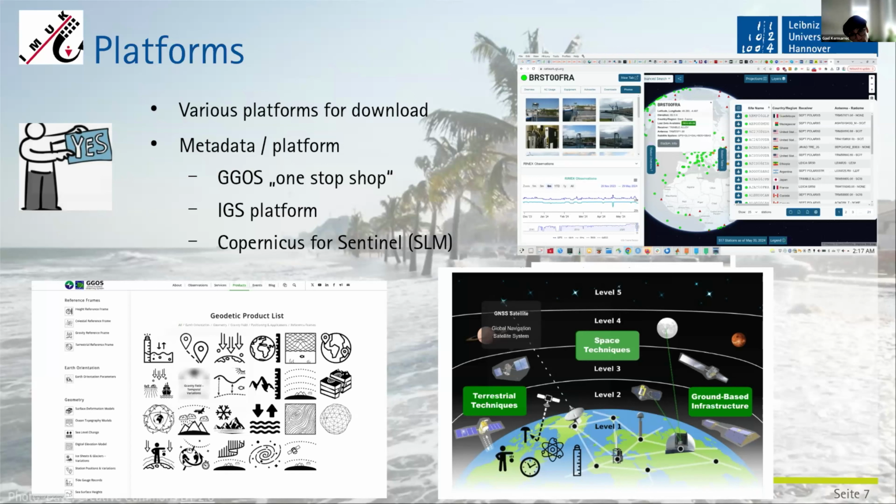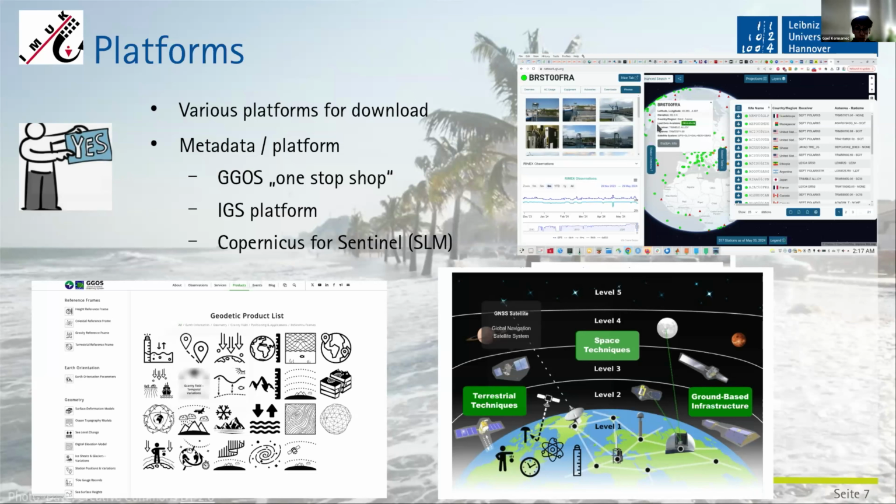For GNSS observations, you have the IGS platform, for instance. So you have a globe with all the stations available around the world. You click on one, and then you get access, here on the left, to the log file for your station, where you can download the observations.